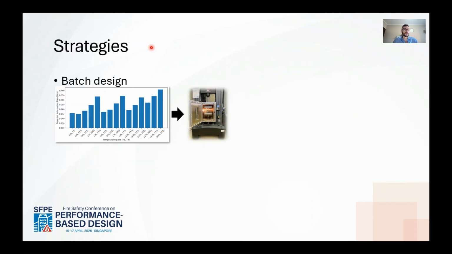Finally, we can follow two different strategies for this. What we've been doing up to now is called batch design, meaning that we optimize the experimental protocol and then we run the experiment.